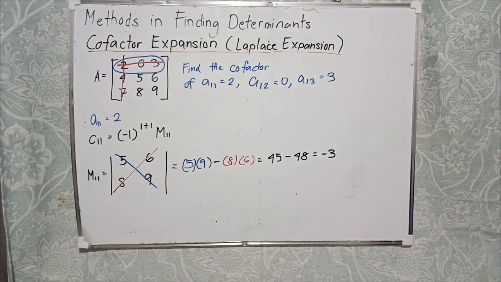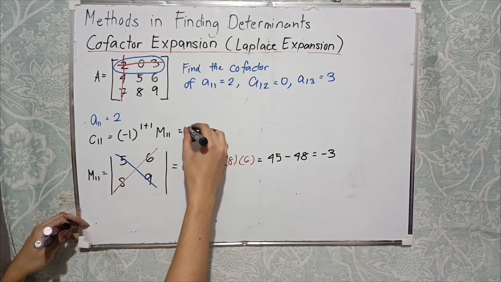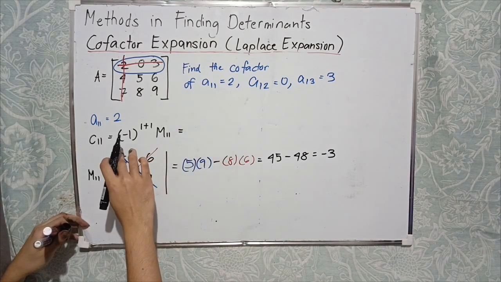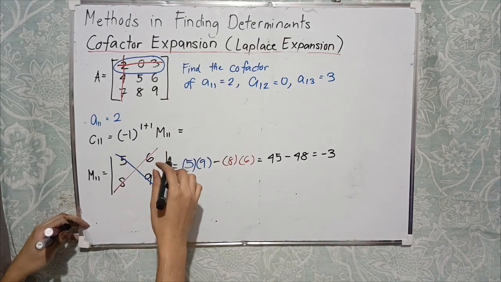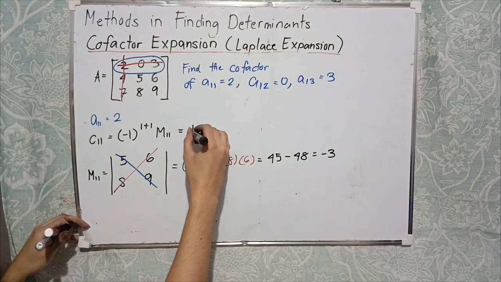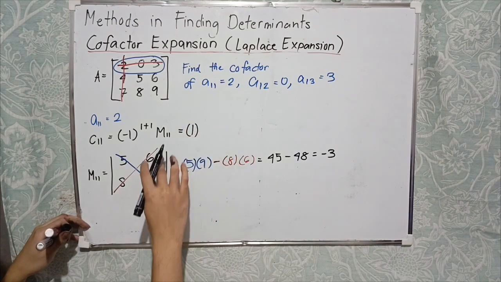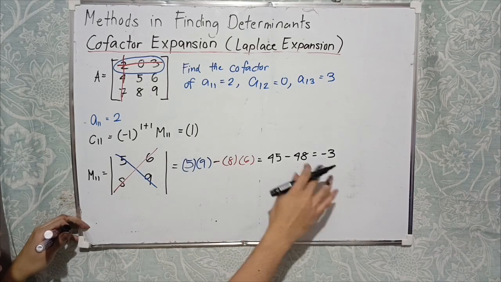Continuing, this -1 raised to 1 plus 1 is equal to -1 raised to 2, or simply 1, times its minor M11, that is -3.